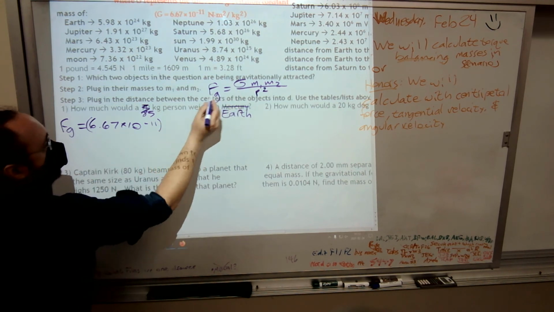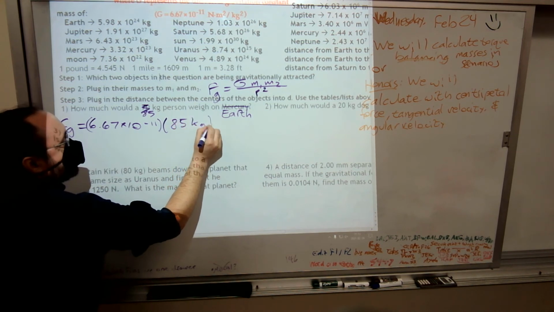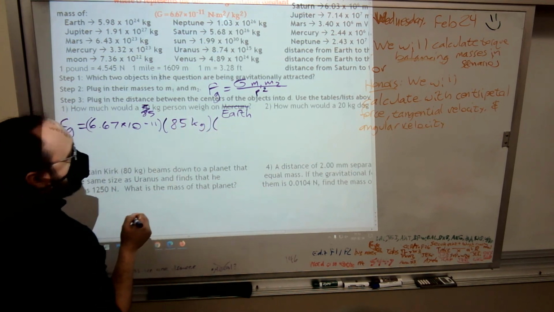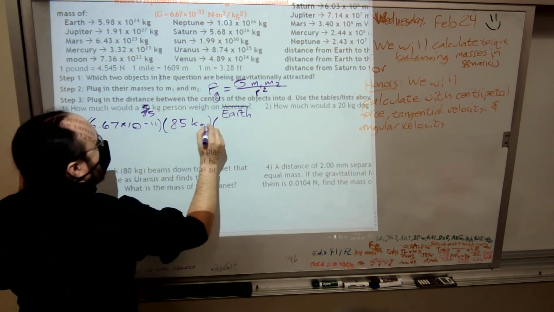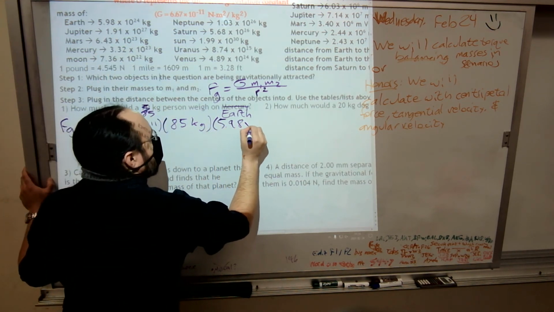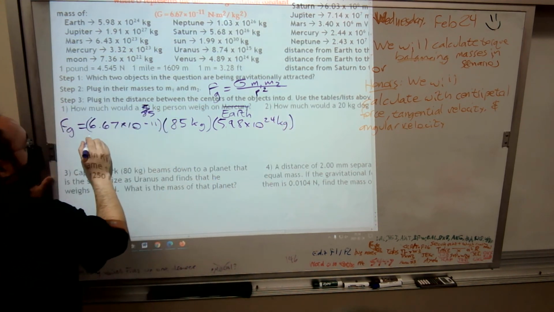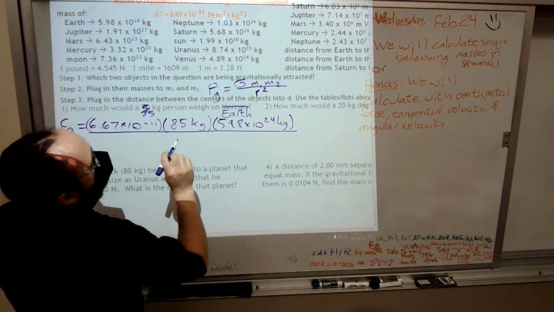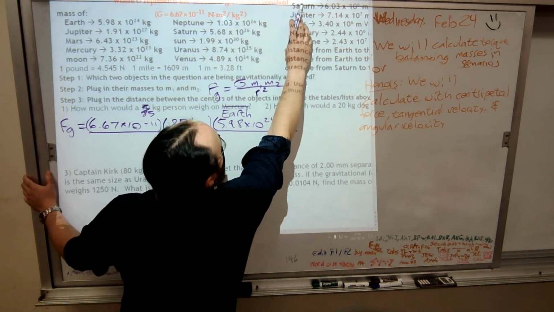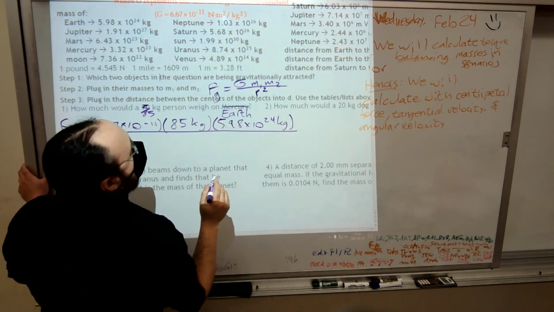So what I got? I got my G. My mass is 85 kilograms, I guess. The Earth's mass, got it right there, 5.98 times 10 to the 24 kilograms. And the Earth's radius, I don't know if y'all can see it, it's kind of way up there, 6,371,008.